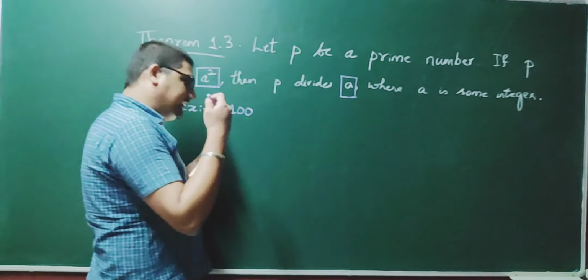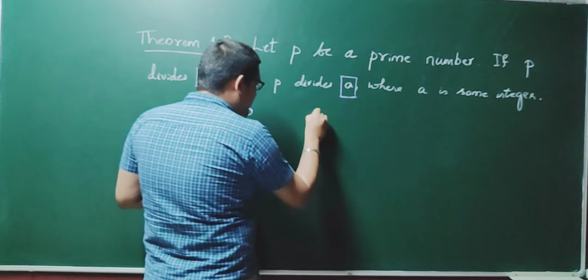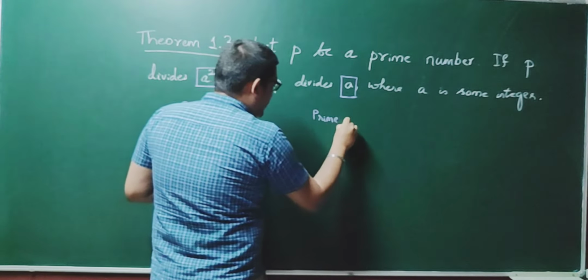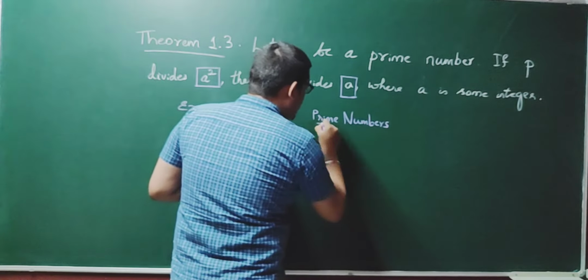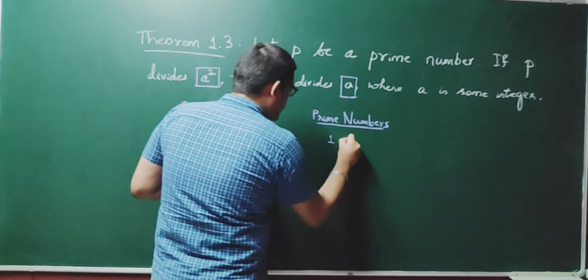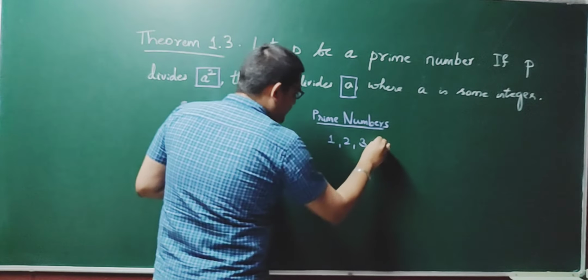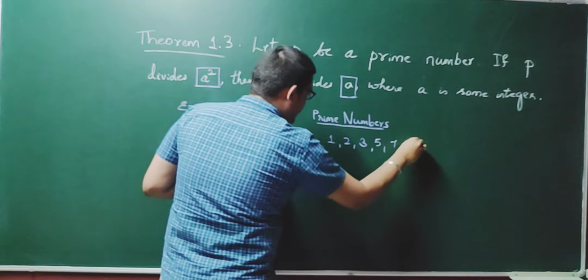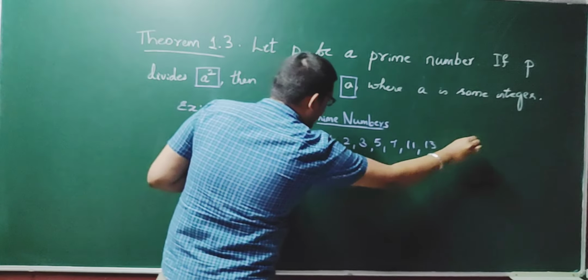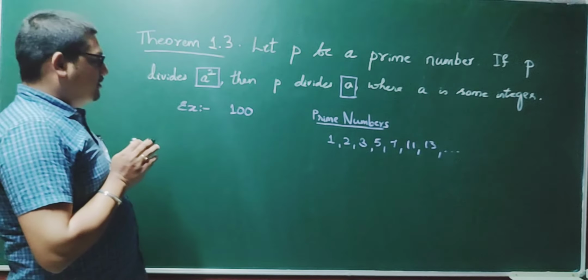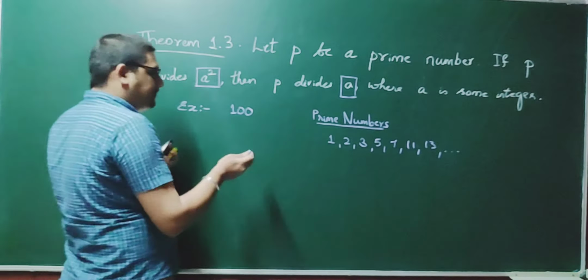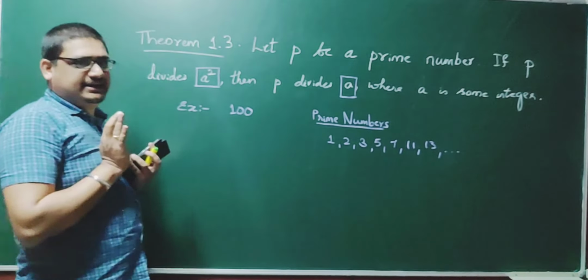So let us list some of the prime numbers, beginning from the start of the number system: 1, 2, 3, 5, 7, 11, 13, and so on. Now let us see which of these prime numbers divide 100.